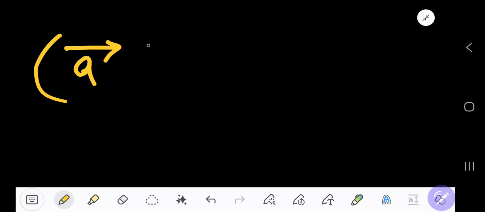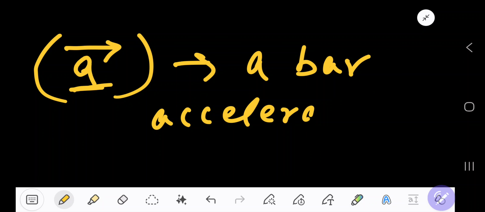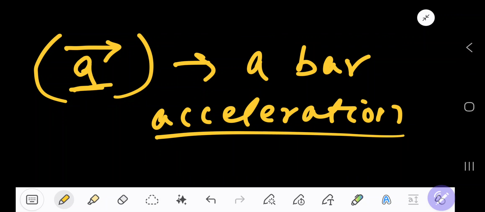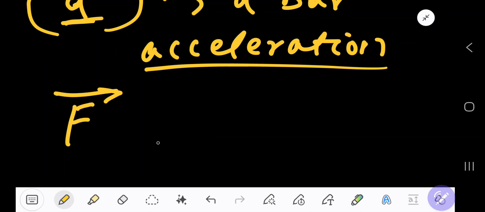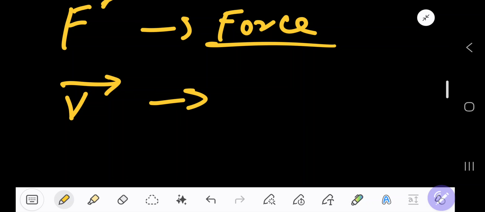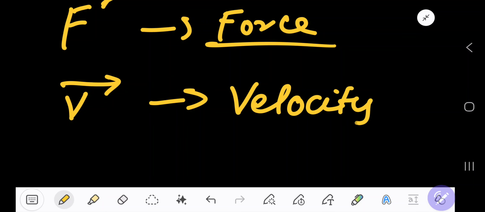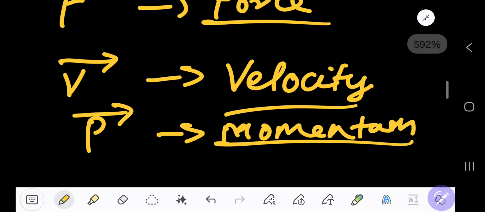So this will be said as A bar, and A is the symbol for acceleration. Suppose we have F bar. This is force. We can have V bar, velocity. We can have P bar, momentum. Etc.